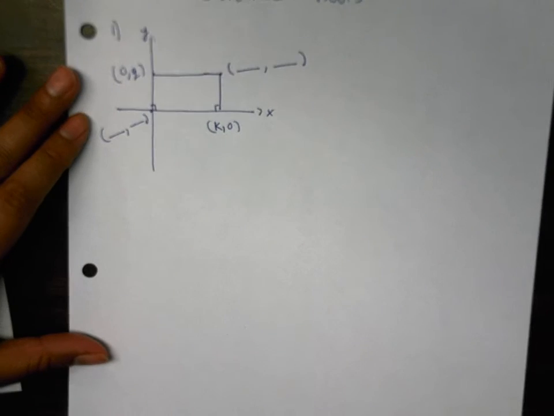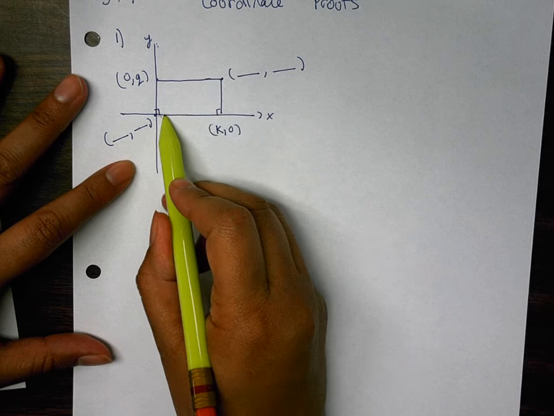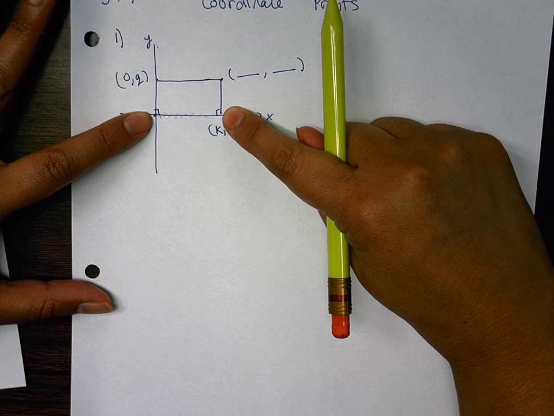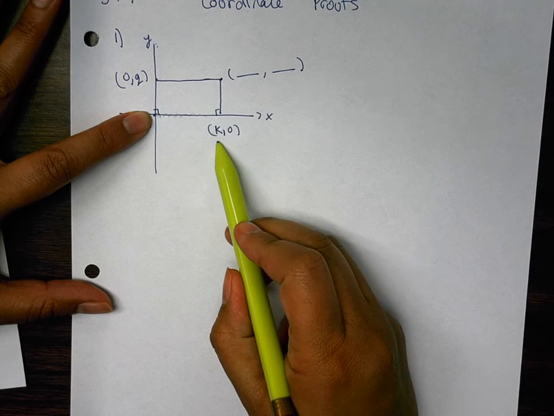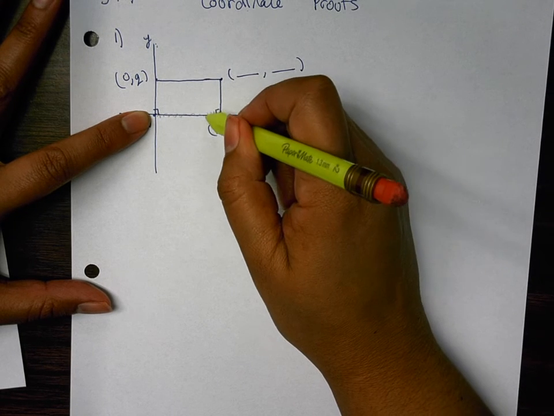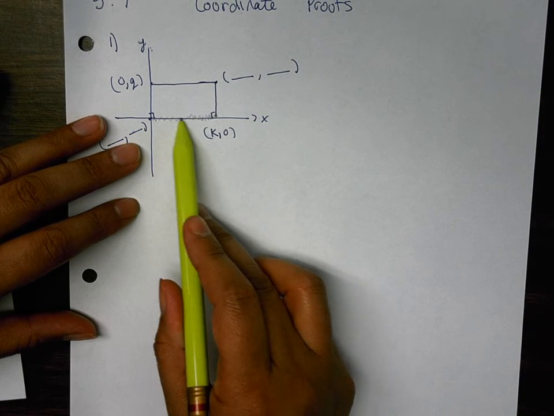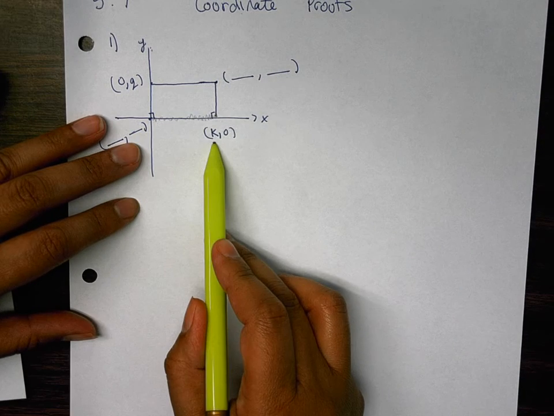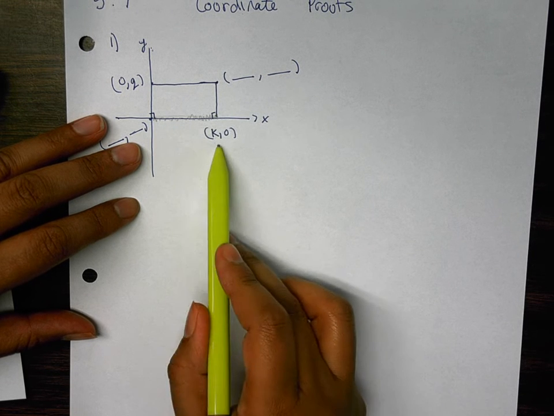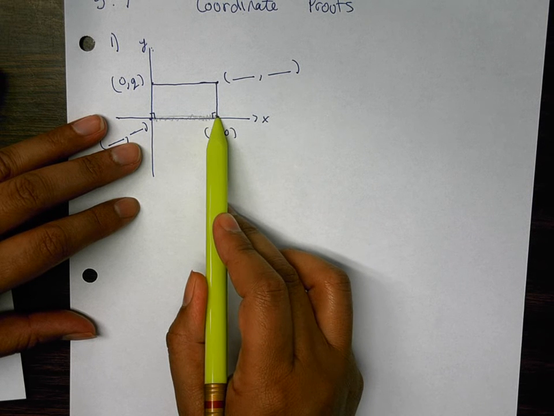Okay, can everyone see, or can you tell me what the length is here from this endpoint to this endpoint? What is that length in terms of a letter? Anybody tell me? It has a length of K. It's a length of K because the point is K, 0, which means from the origin I went out K units and stayed.